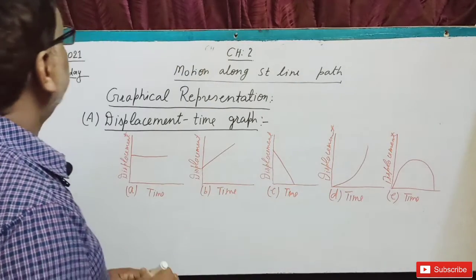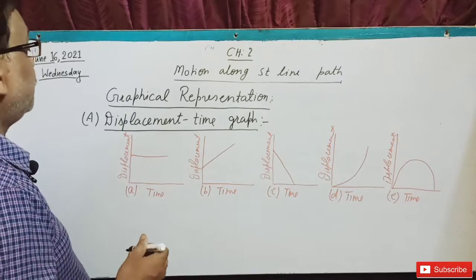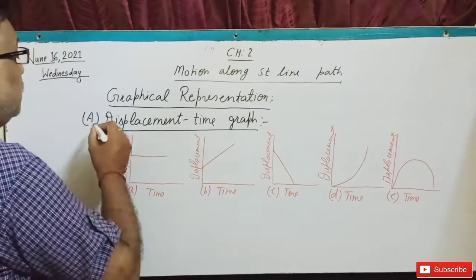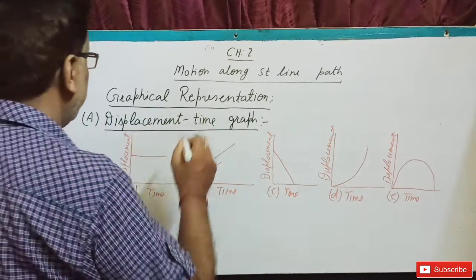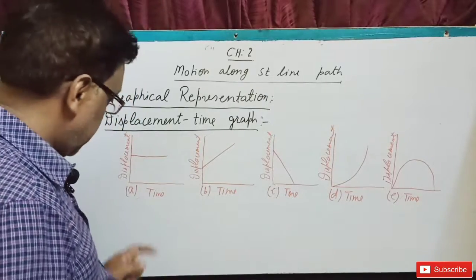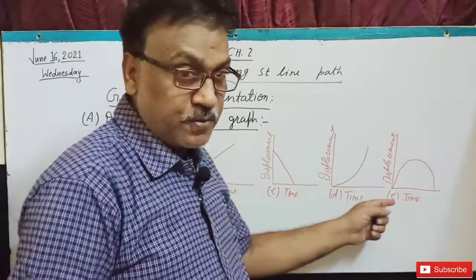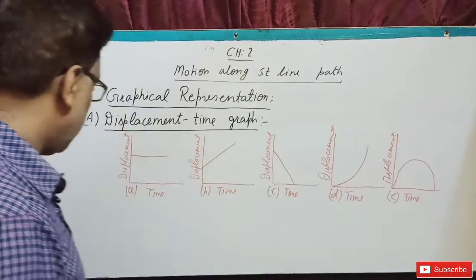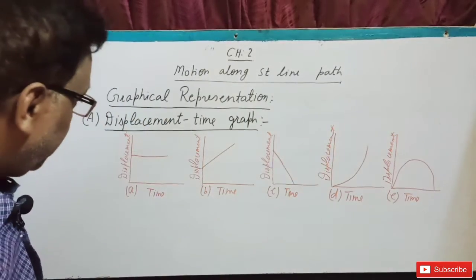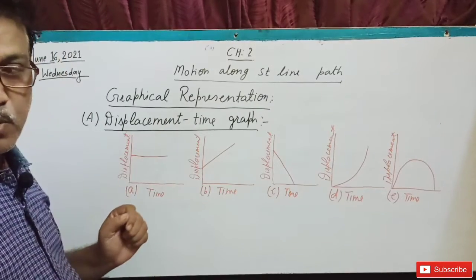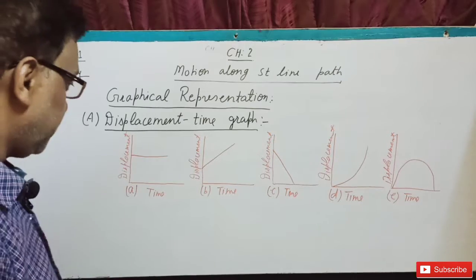Now we discuss some graphs, in which the first is the displacement-time graph, and I give you 5 situations here. We study the slope of the graph in each of the cases.